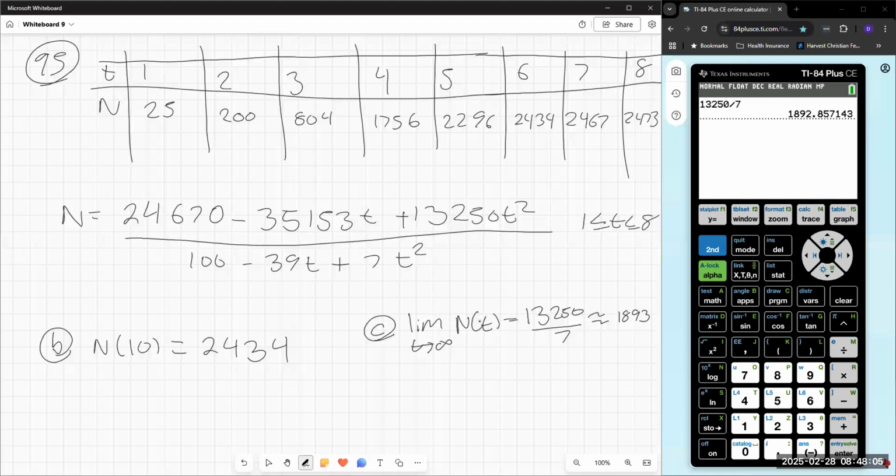I don't like that they do that, but we're approaching a colony size, a culture size, of 1,893 bacteria as we go out a long period of time away. All right, so yes, I get what they're trying to do, to make you think of 8 days, that months, years, decades, whatever would be basically infinity to you at that point.